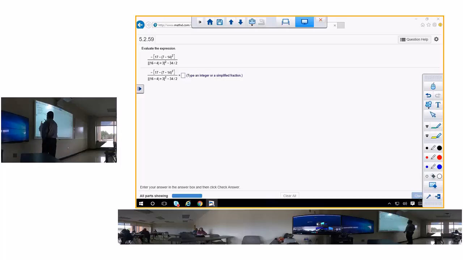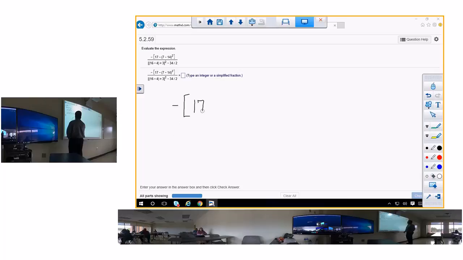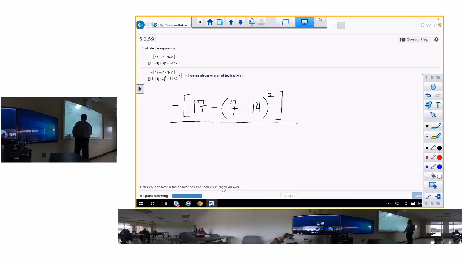So, negative bracket 17 minus parentheses 7 minus 14 close parentheses squared close bracket. Now, do you have to write it exactly like it is? Yes. Don't just say, oh, well, I'll just put the 2 over here. No, you got to write it exactly.